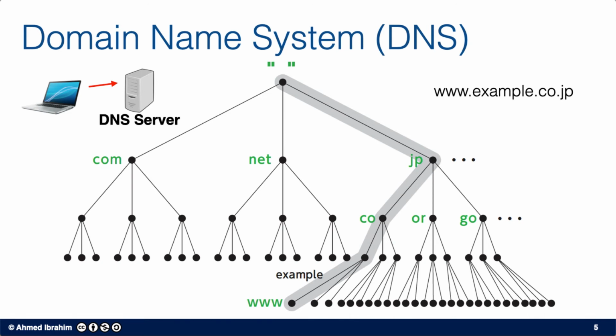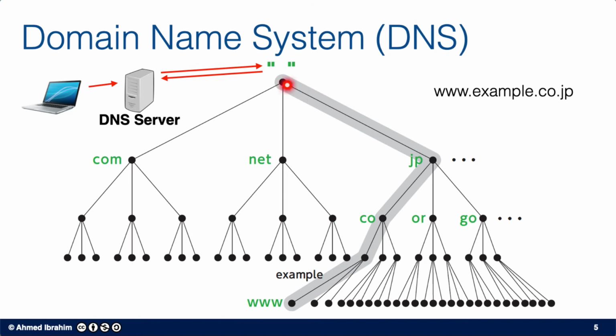So the first thing our computer does is it sends a DNS query to this DNS server and says, what is the IP address of www.example.co.jp? That DNS server doesn't know at the moment. So it sends a query to the base DNS servers of all DNS servers, and it says, I want to know where is www.example.co.jp.